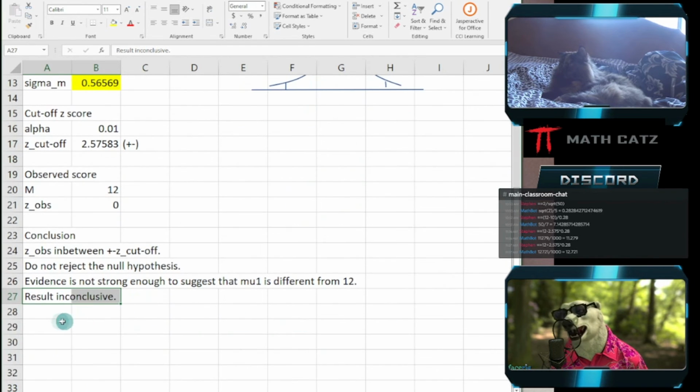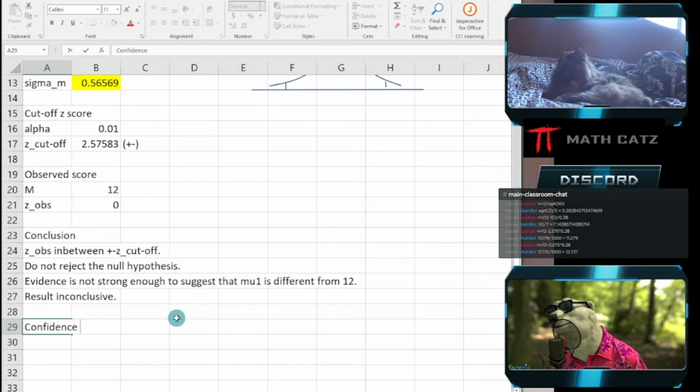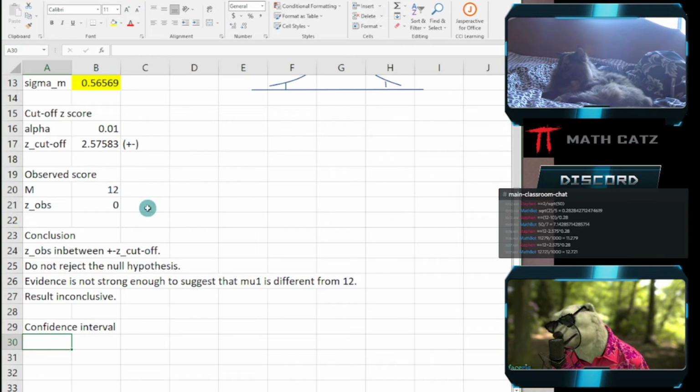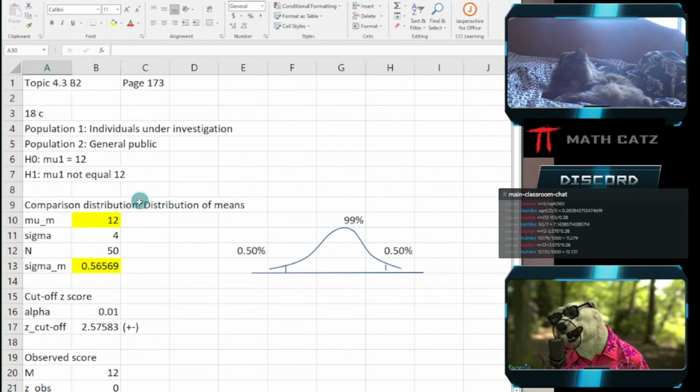All right. So they want an extra bit here, which is the confidence interval. So here it is a little strange perhaps, but we'll go with it. When the sample mean is exactly the same as the population 2 mean, it's not quite what I expect or what I'm used to.